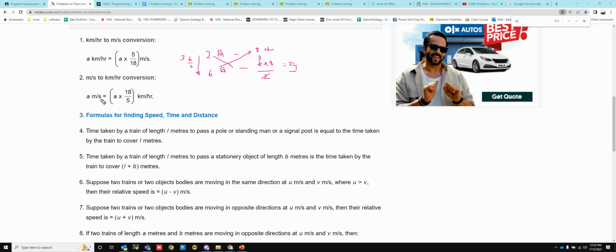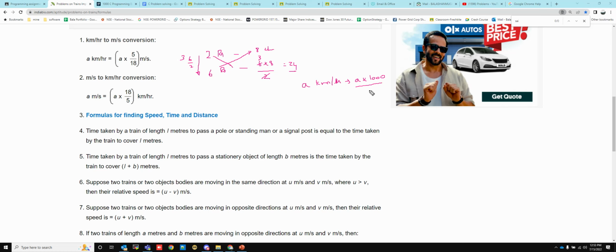Similarly, here, 8 kilometer per hour, you have to convert to meter per second, correct? So first convert kilometer to meter. To convert kilometer to meter, you have to multiply by 1000. Then divided by hour is there.